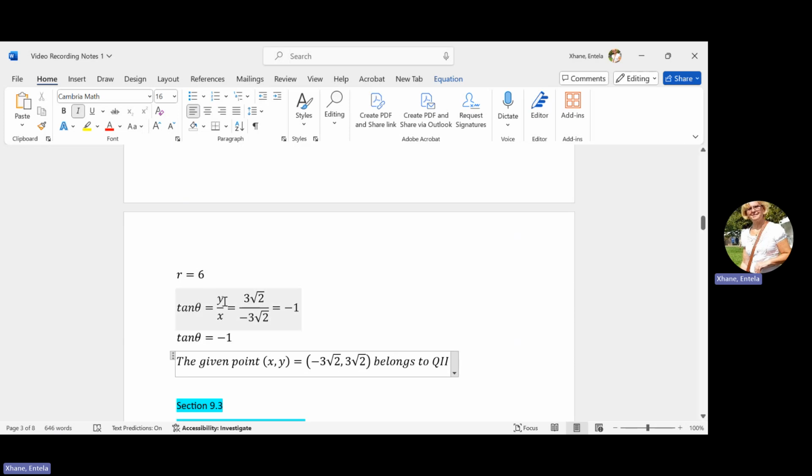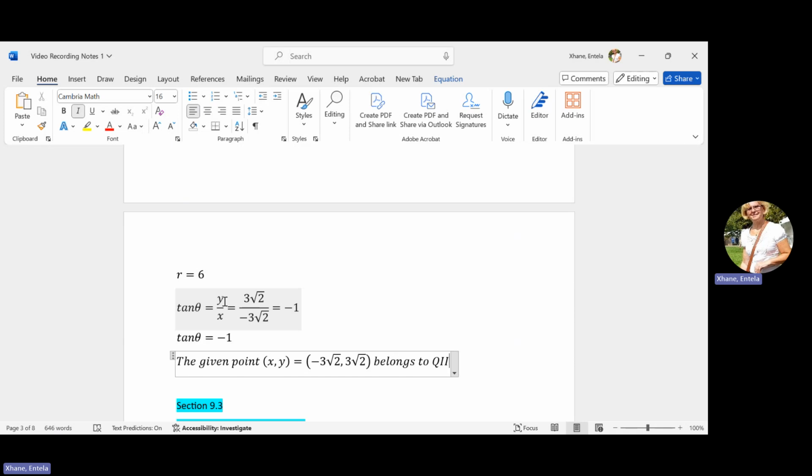So now you need an angle such that both coordinates, cosine theta and sine theta, which are x and y, are numerically the same, but one is positive and the other one is negative. Cosine is negative, y is positive, sine is positive.